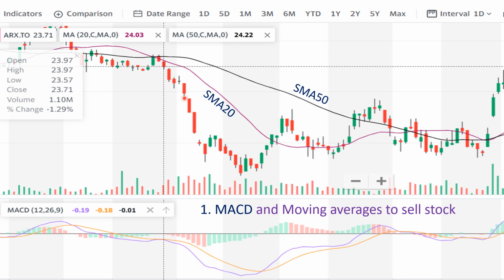So you can exit the trade at the close price of this bearish candle and put 1 ATR above for a stop loss and put 2, 3 or 4 ATR below for profit target. So this is how you can use the MACD indicator and moving averages to exit the trade or sell stock.